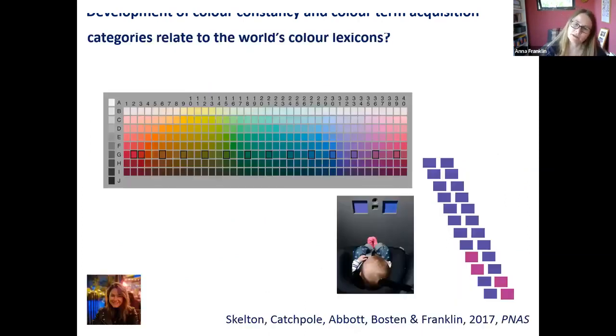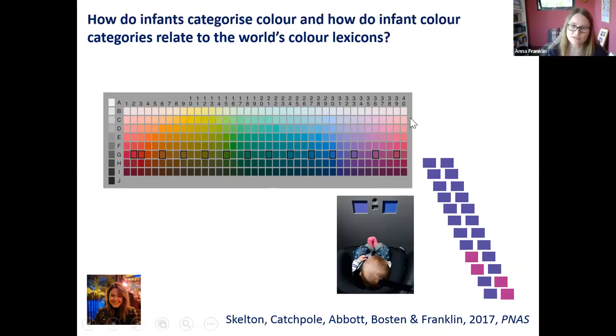In this study, we were interested in finding out how infants' colour categories relate to the world's colour lexicons. So why is it that languages vary so much in their colour categories and their colour terms if infants are categorising colour? To understand this, we took this stimulus grid, the Munsell stimulus grid, from the World Colour Survey.